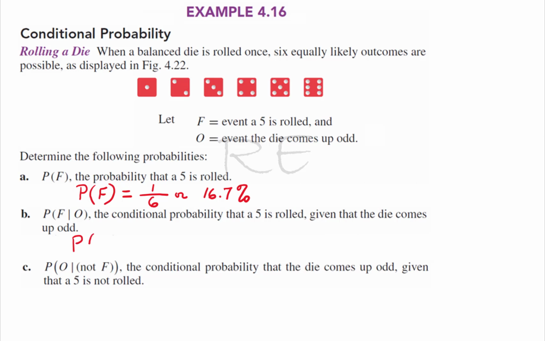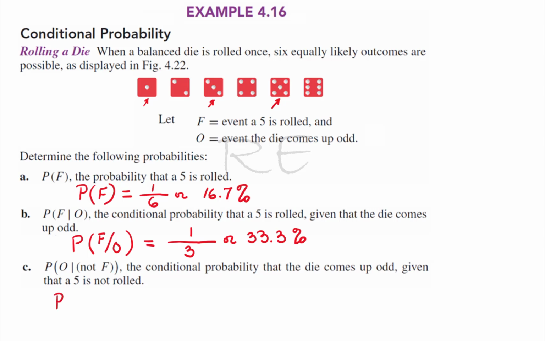P of F given O. So given that the number is odd, what's the probability of getting a 5? There are 1, 2, 3 odd numbers. And out of those three odd numbers, there's only one 5. So it's 1/3, which is 33.3%.